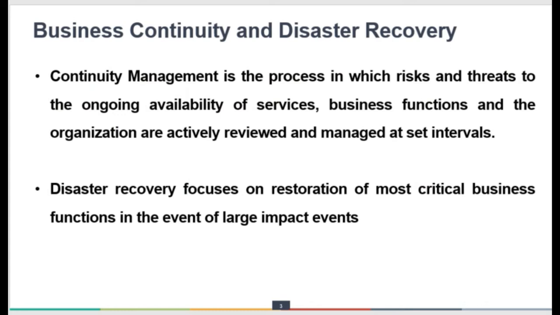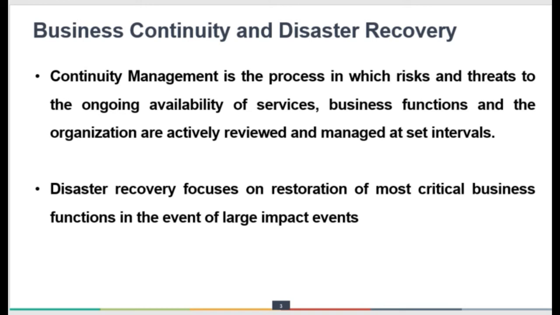Business continuity and disaster recovery. So it is very important to plan something for the business continuity, and how to continue with the business, considering the services and assets which are there in the cloud, and if something has happened, how to recover from the bad state to the good state.